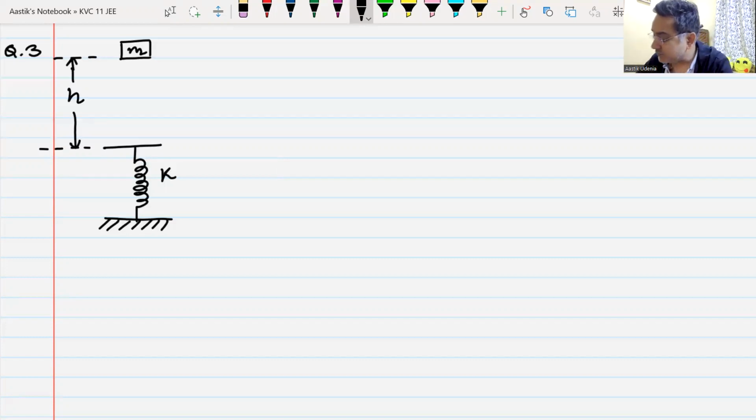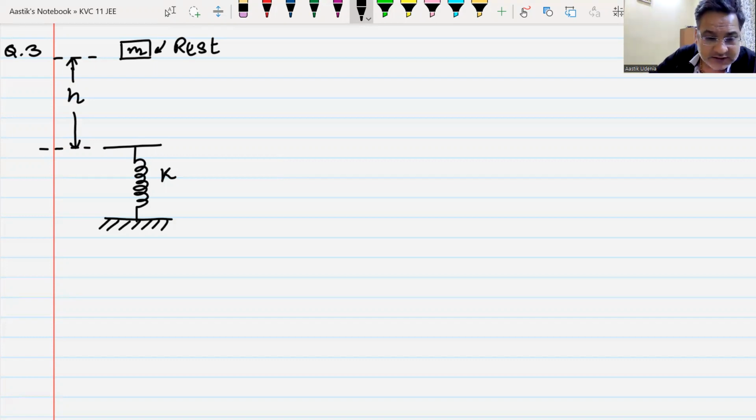Obviously at this point it is at rest. It is going to fall on this spring, in a different way though, and it is going to compress the spring. Again, the question remains the same. Find the maximum compression in the spring, and I'll give you 2 minutes to do that.